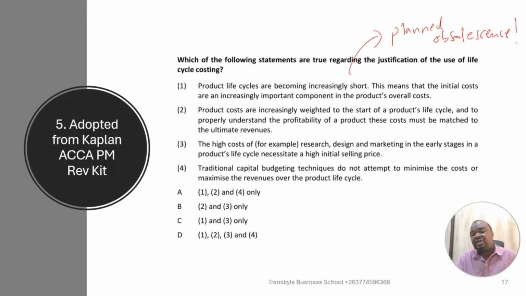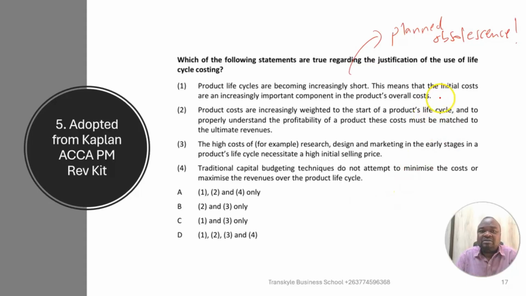If we do not consider life cycle costing, those initial costs might be ignored by management, and managers will tend to be shocked when we run into losses. Why? Because there were certain costs which we incurred earlier on, but were ignored. We only factored in areas where those costs were incurred, but not in the later years when the product was expected to bring some revenue. So we need to factor in those earlier costs in our selling price to ensure that we remain competitive, but at the same time profitable.